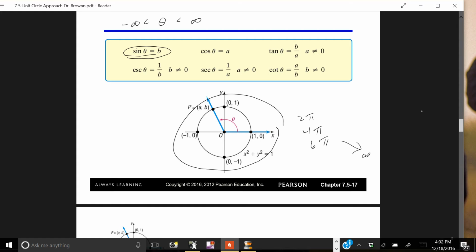We could also go counterclockwise, 0 to minus 2 pi to minus 4 pi. So the domain of the sine function is minus infinity to plus infinity, all real numbers.